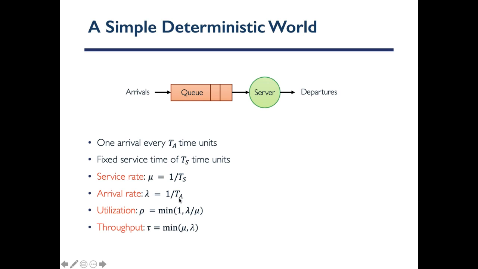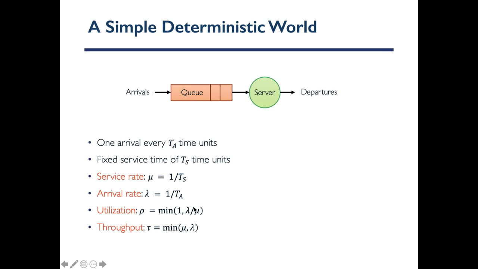If you get one request every 4 seconds, that would be your arrival rate, 1 divided by 4. Then you can define the utilization of your queue, which is basically the minimum of 1 and lambda divided by mu, which sort of makes sense. The utilization cannot be more than 1.